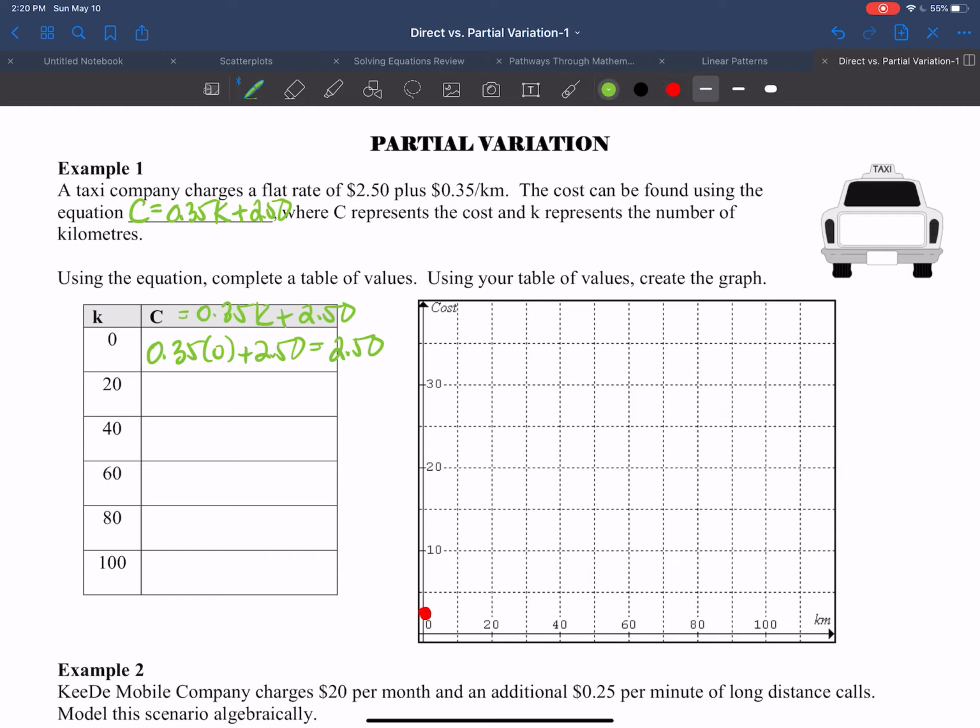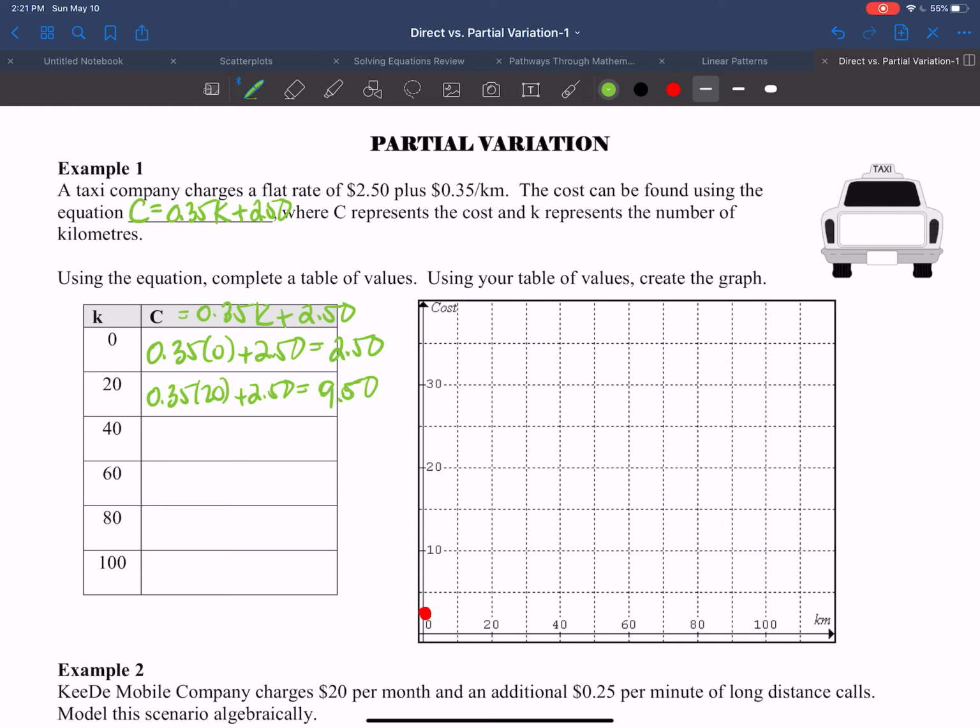And if we keep going now, so 20 kilometers, it's going to be 9.50, or what did I say? Maybe I should calculate this. 0.35 times 20 plus 2.50, yeah, 9.50.